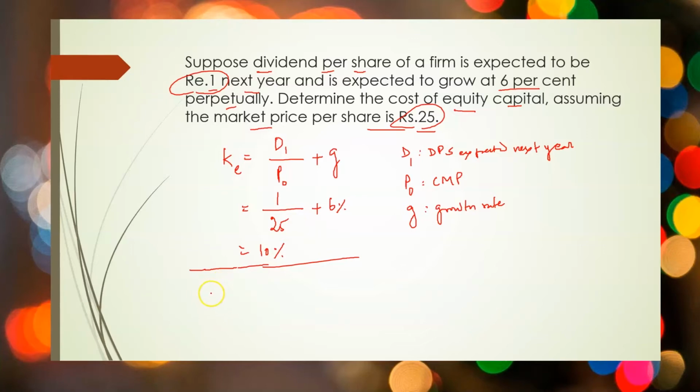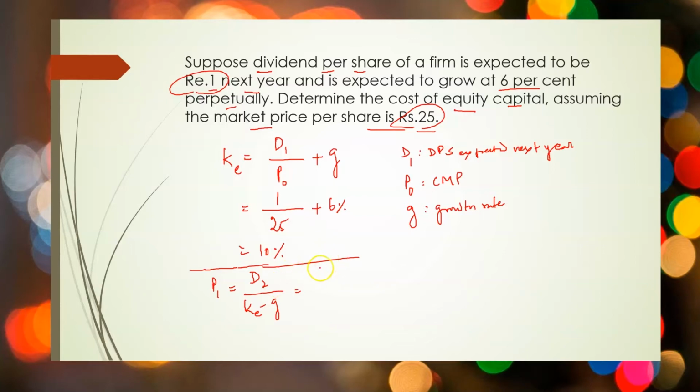For example, price a year hence P1 can be calculated using this equation, which is D2 divided by KE minus G, growth rate.